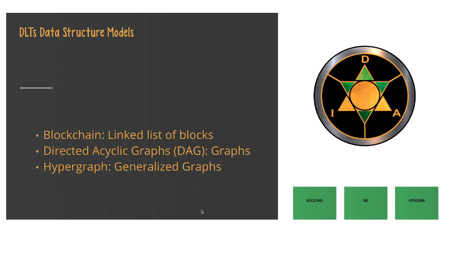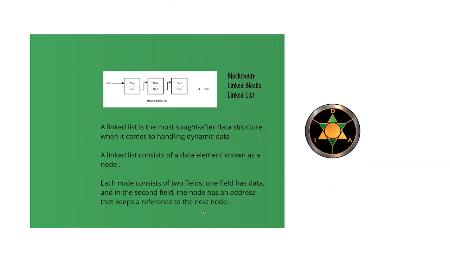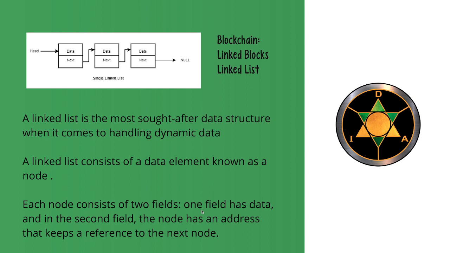Now let's move on to seeing in a more specific way how they structure data. Blockchains are made up of blocks, and those blocks are linked together with a chain, hence the name blockchain.